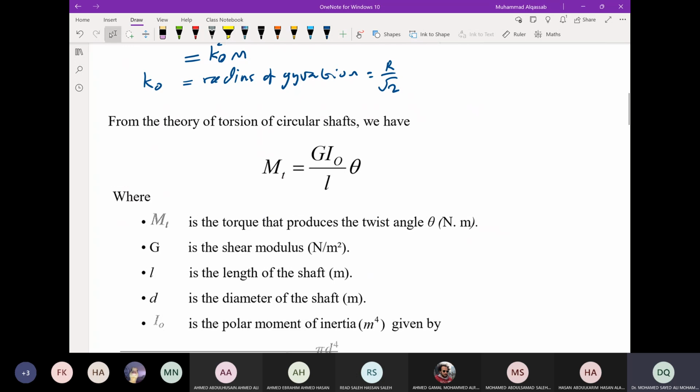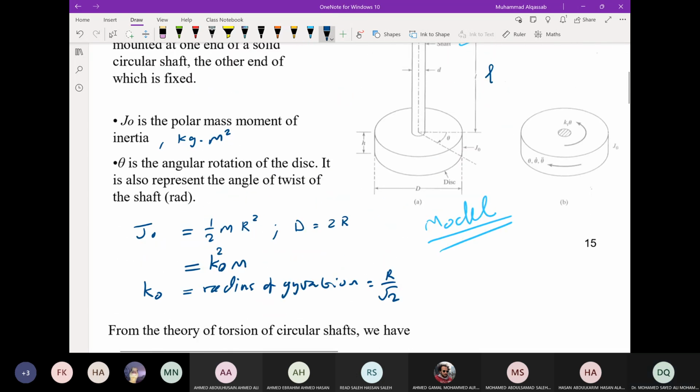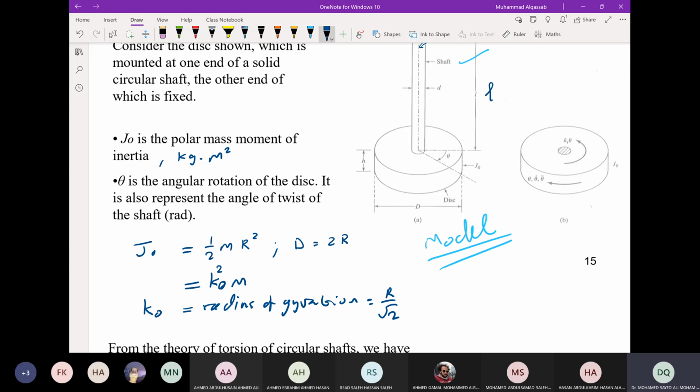From the theory of torsion of a circular shaft, we have the relationship between the torque applied and the angle of twist. Mt is the torque and theta is the angle of twist. We have the stiffness equal to G Io over L, where G is the modulus of rigidity or shear modulus. Io is the polar moment of inertia, but note that Jo is the mass. This is the difference between Jo and Io.